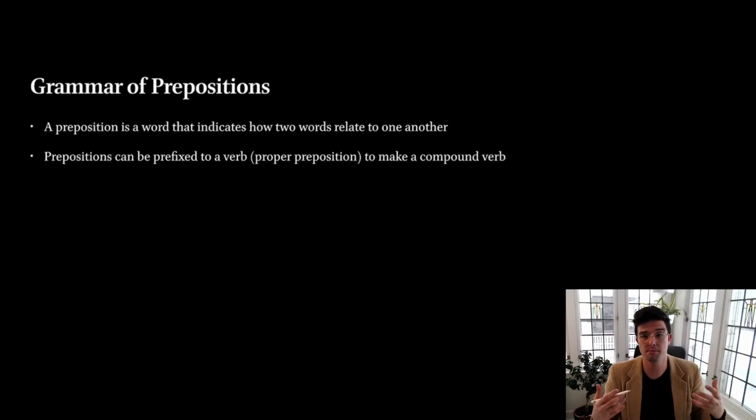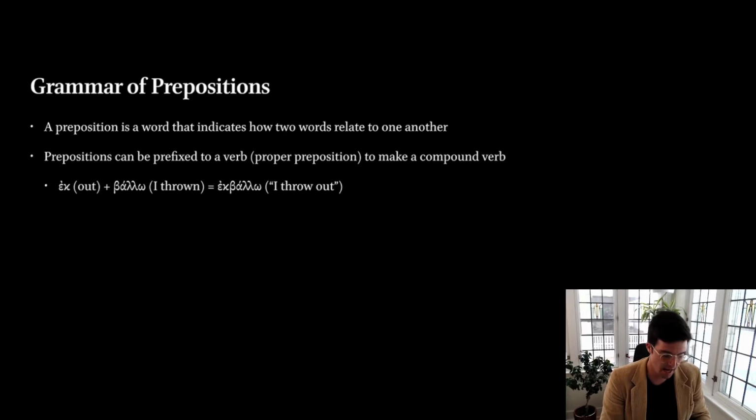A preposition takes its name from the fact that classically it can be preposed, or put in preposition of a verb. So a proper preposition is a word that is prefixed, or added to the beginning of a verb, to make a compound verb.